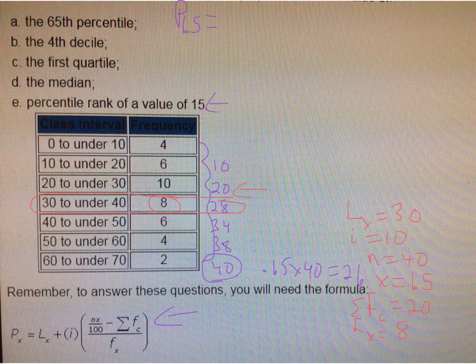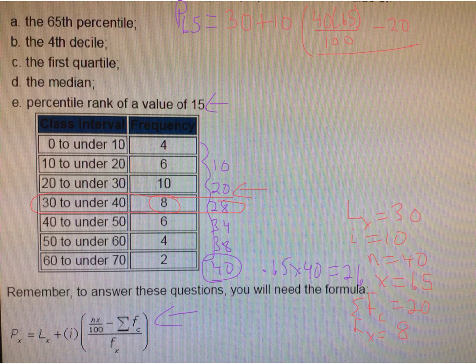So if you put those into the formula above, then we're going to have 30 plus 10 times 40 times 65 over 100, minus the sum of the frequencies, which is the 20.